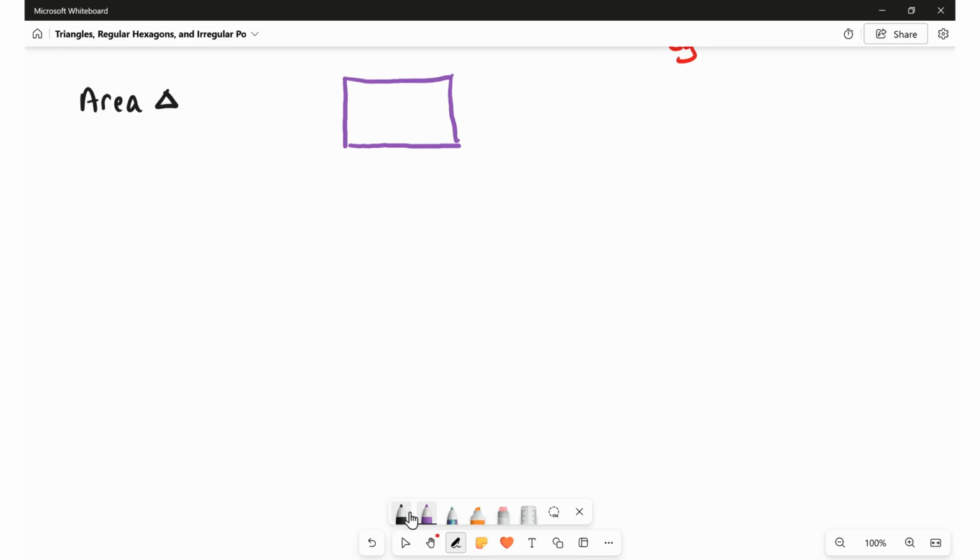Let's say that this quadrilateral is 4 and 6. So the area of our quadrilateral, if you recall, is just length or base times height.